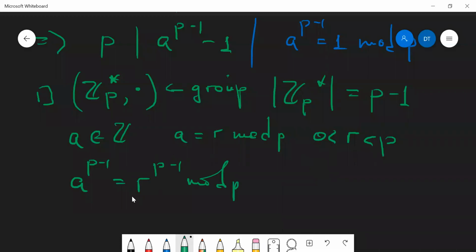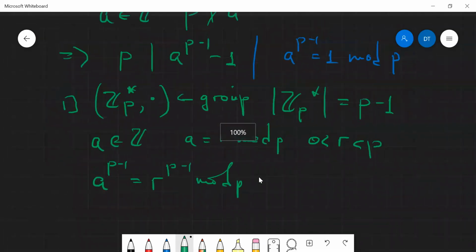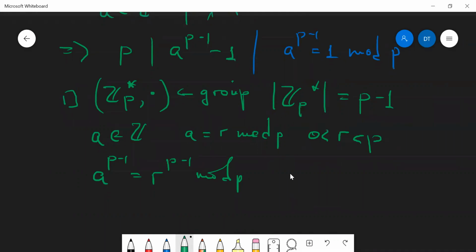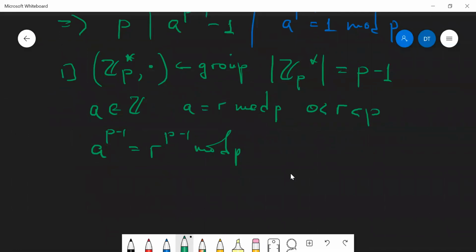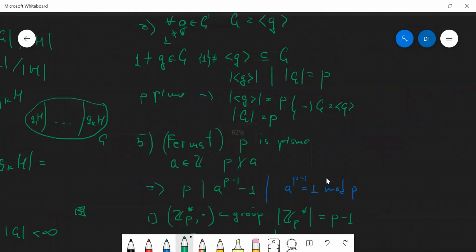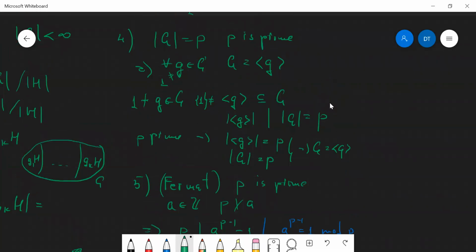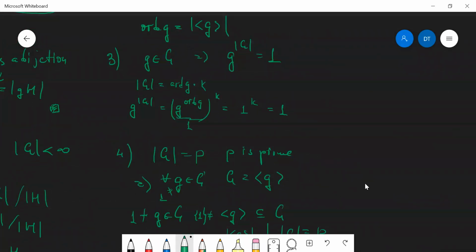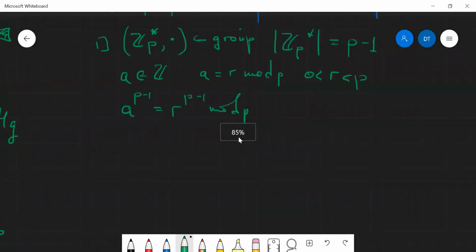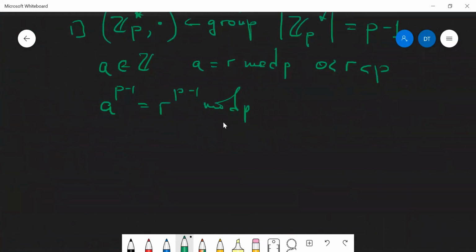But here we raise an element r of this group to a power which coincides with the order of the group. So because of this corollary, which is corollary number 3, the latter is equal to 1 modulo p.